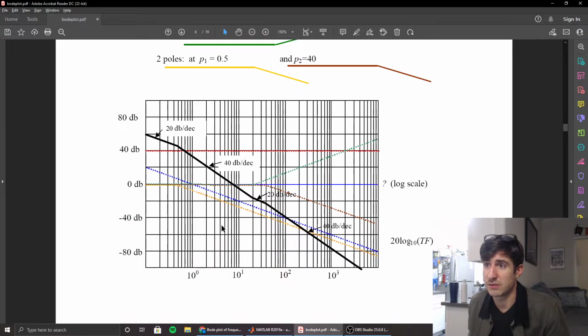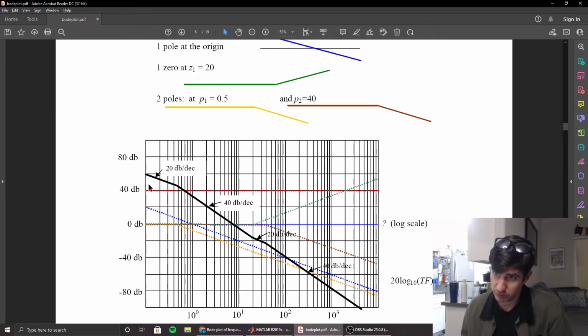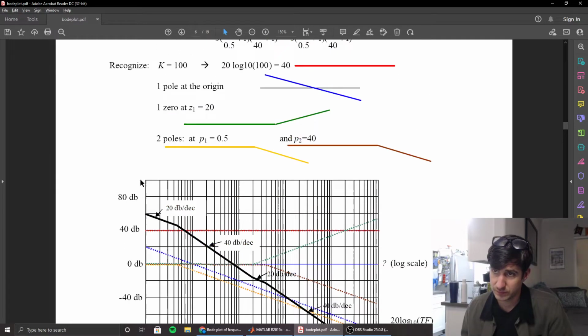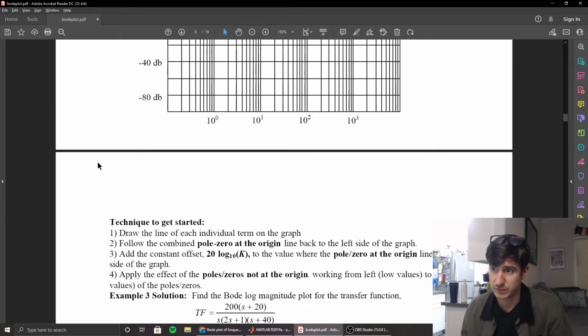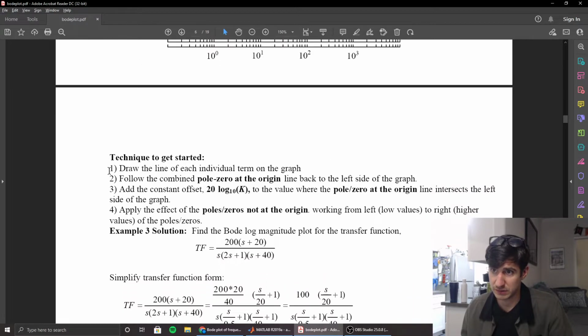And then we have yellow, the pole breaks at 0.5, which is right here. And we have another break at 40 for another pole. And then really we just take the net sum of these. So remember, follow the technique. What we want to do is draw the line of each individual term.